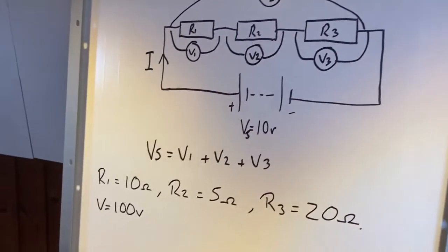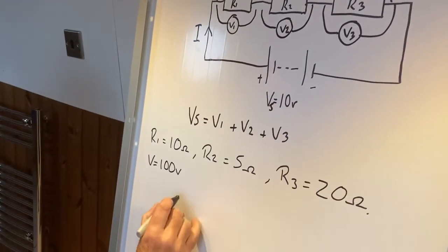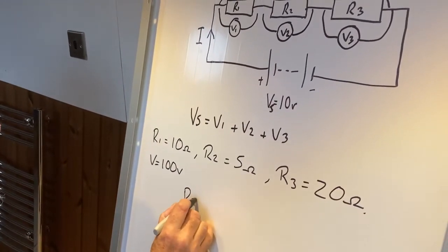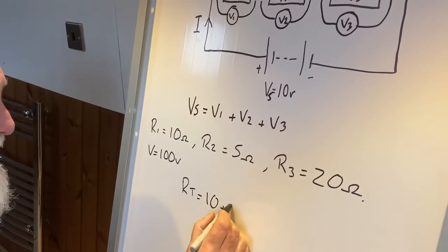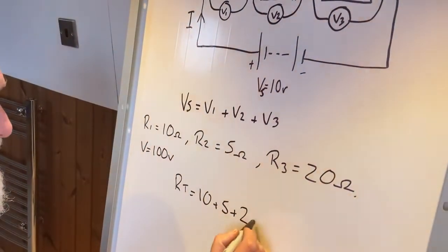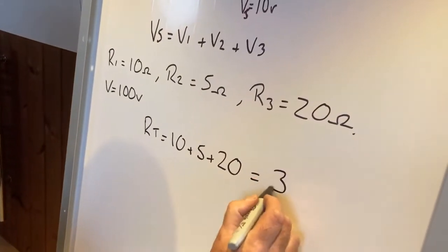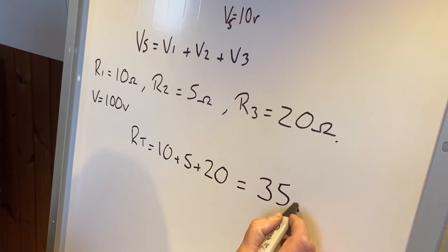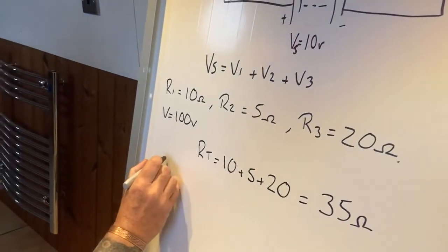The first thing we need to do is add up these three resistances. So RT, the total resistance, equals 10 plus 5 plus 20, which equals 35 ohms. Yeah. Now remember our Ohm's law from last week.